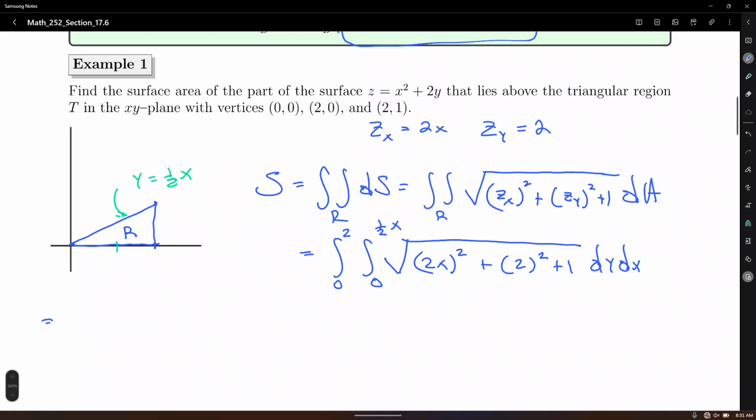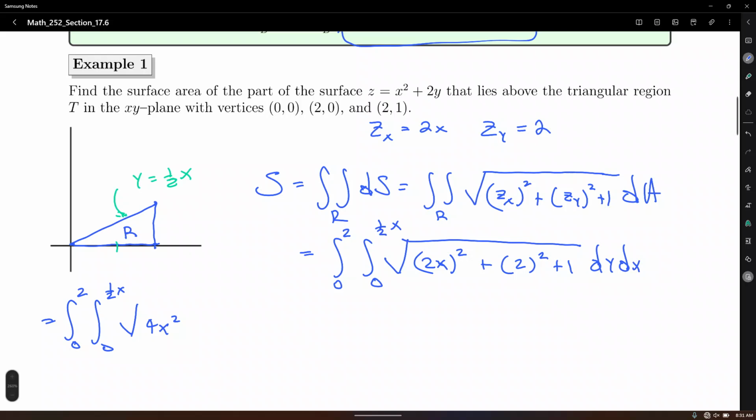Let's go for it. So that's the integral from 0 to 2, from 0 to 1/2 x of the square root of, careful, 2x quantity squared. Make sure to square both the coefficient, that is 4, and the variable x, because yes, it is a very common mistake in algebra to forget to square also the coefficient.